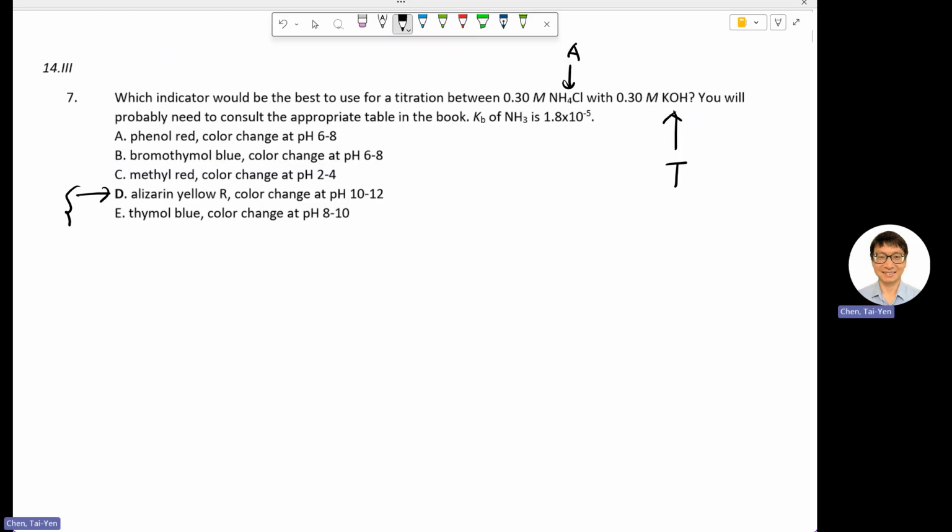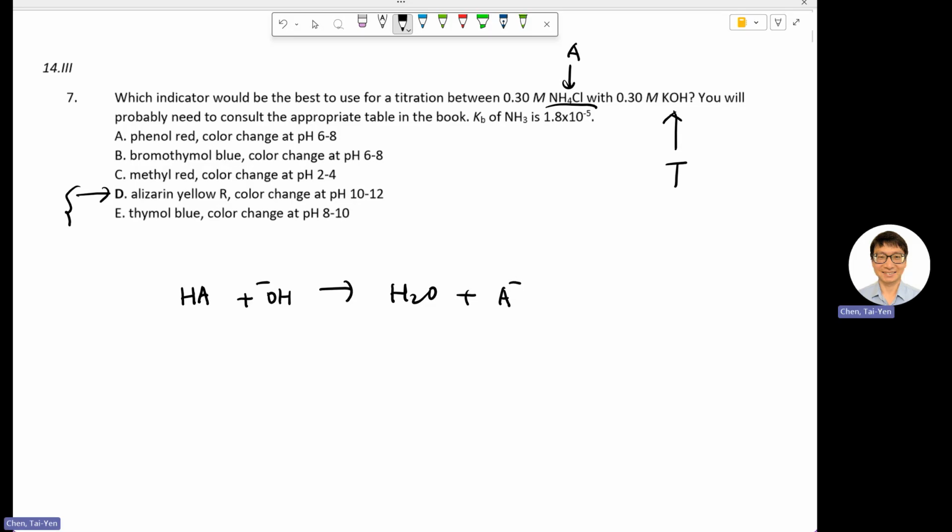The way you do it is to calculate the pH at the equivalence point. Previously I said if you have a weak acid, typically I use HA to represent it. Strong base, we use OH minus to represent it. And then this is going to produce H2O plus A minus, right?